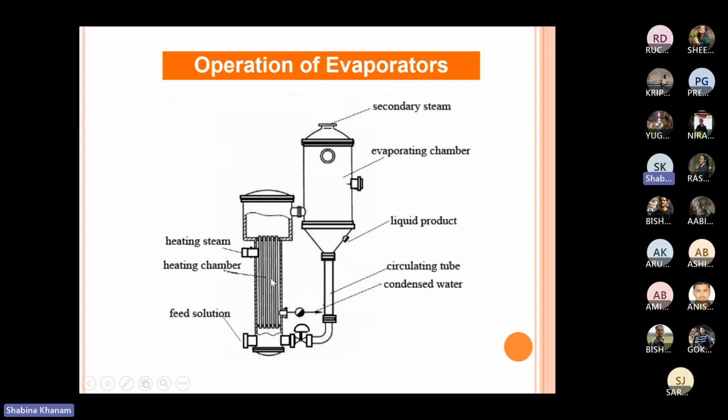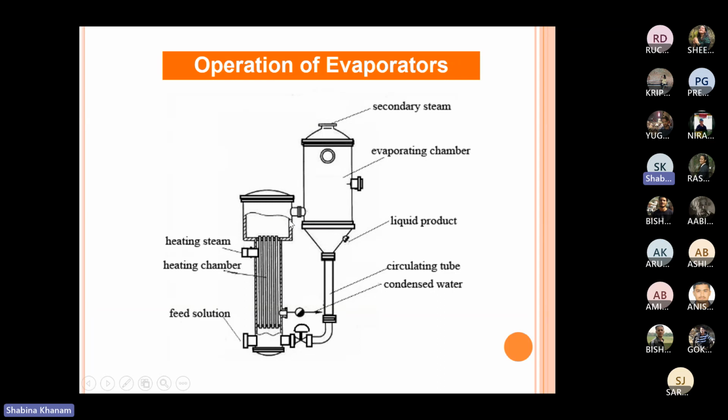Because in this case feed is moving from the bottom and vapor keeps generating during the movement in the tubes, at the exit of the tube I have one chamber in which the vapor and liquid mixture is stored. That is nothing but simply a cover of higher volume in comparison to the tubes.